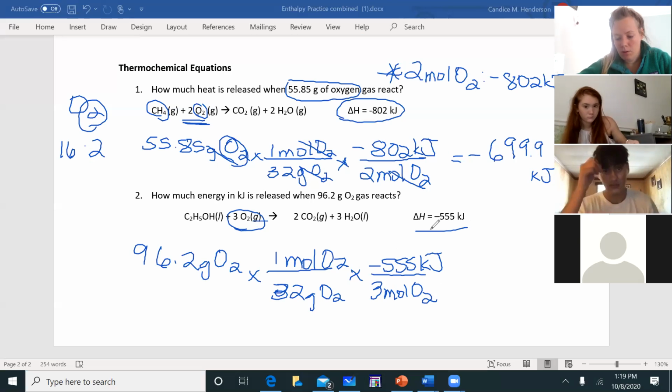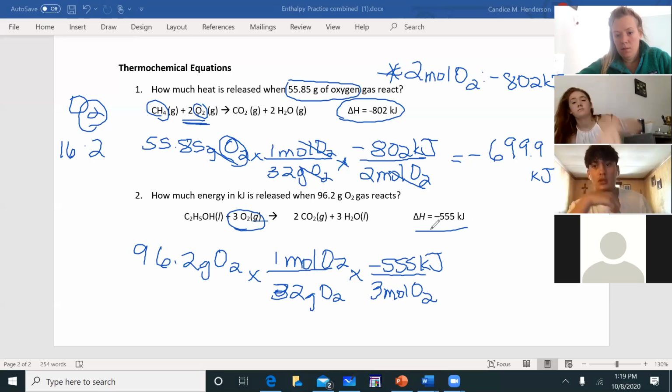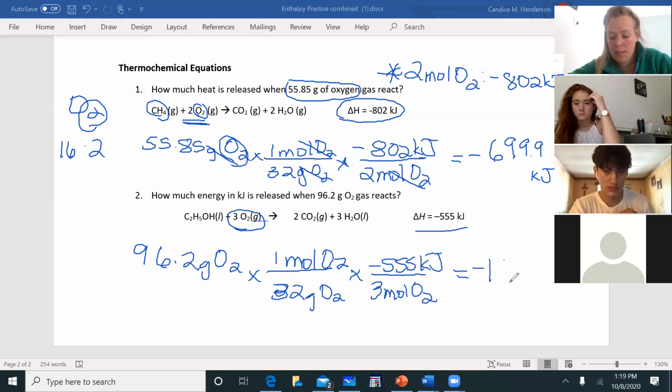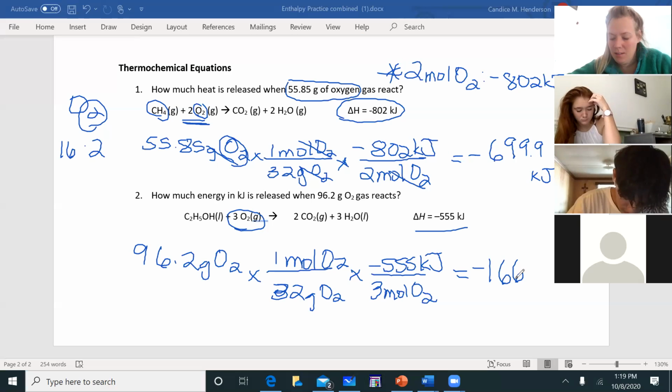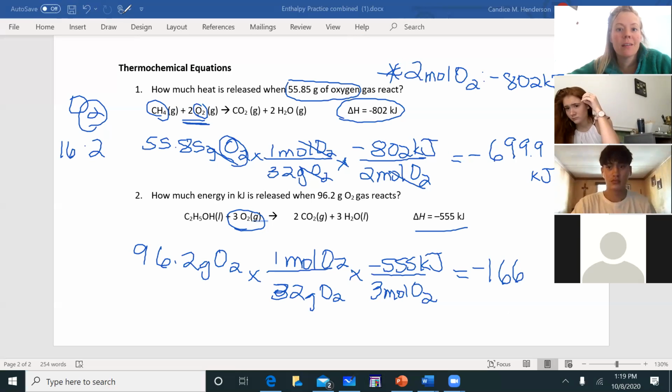Sorry, my handwriting is horrible. And so this will be -1667.0 kilojoules.